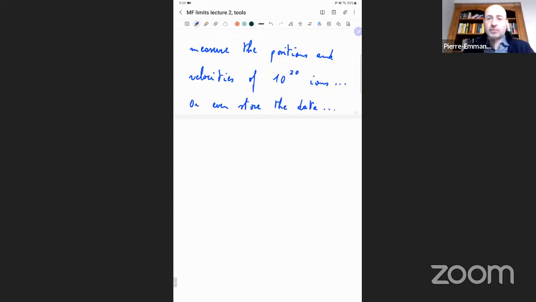And even for biological applications, if you have only 10 to the 10 particles, it's still too many. I mean, biologists are very, very good at doing experiments, but they are not that good. There's just no way that if you have a population of bacteria, we can measure the position of all of them.